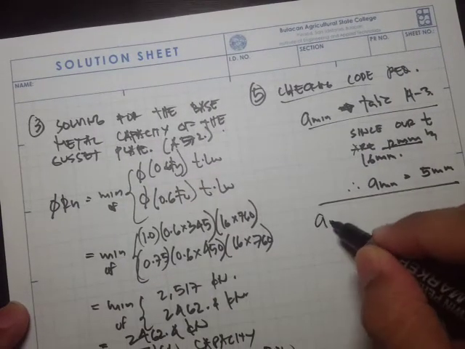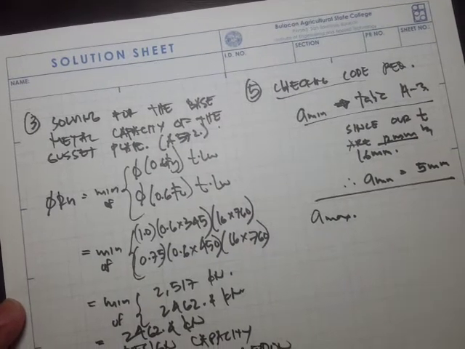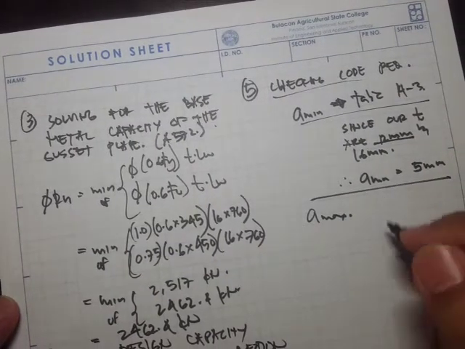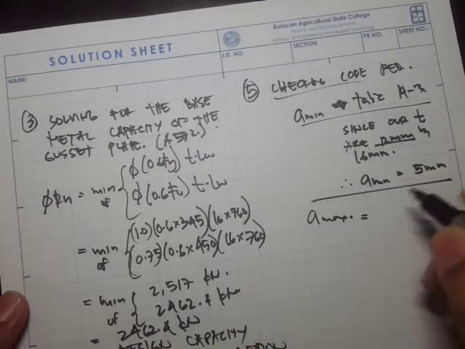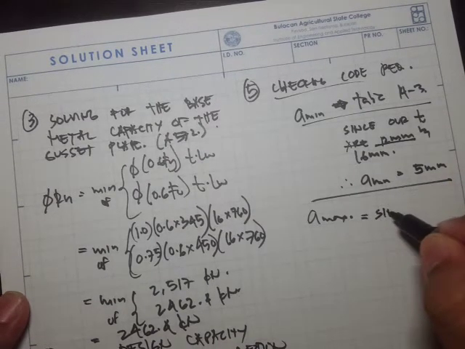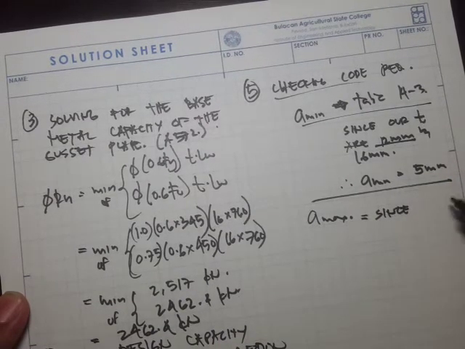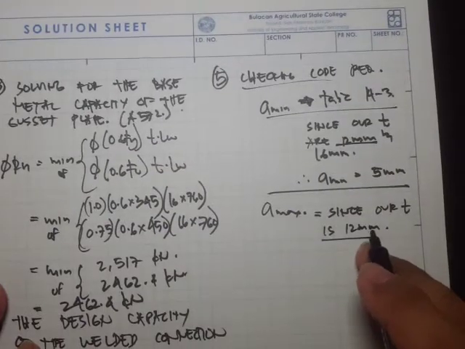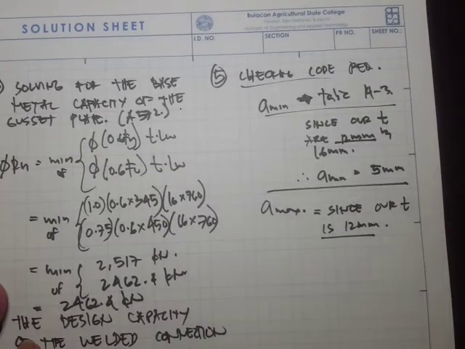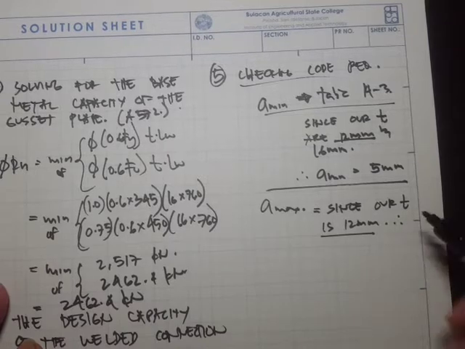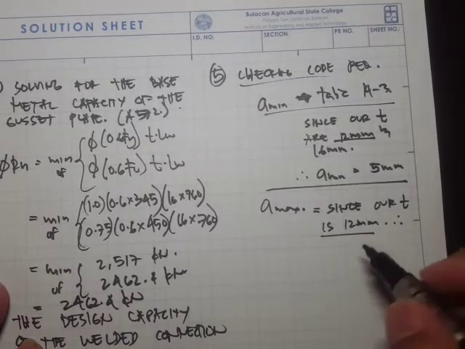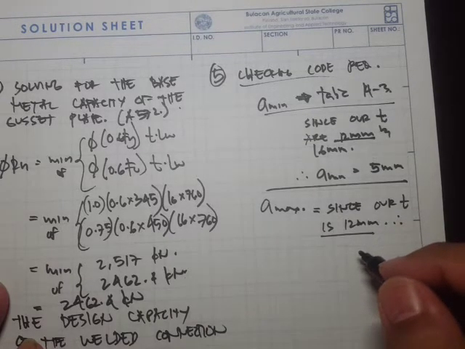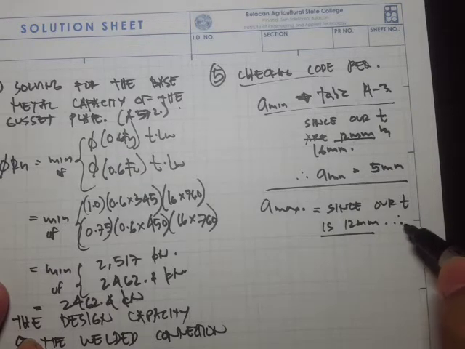And for the A max, so for our maximum weld size, since our thickness is 12, okay, so I'm referring to the governing thickness, then therefore our T max is 12. Okay, wait, we'll add another condition.